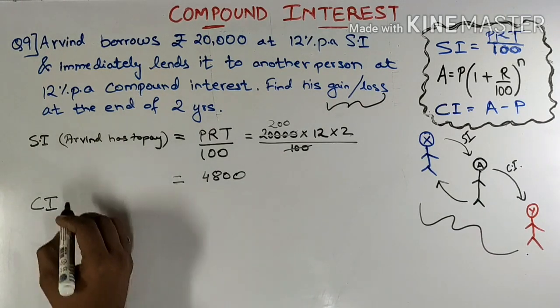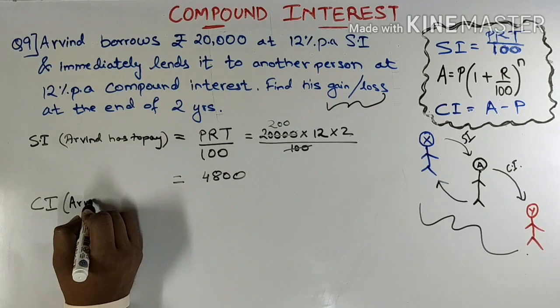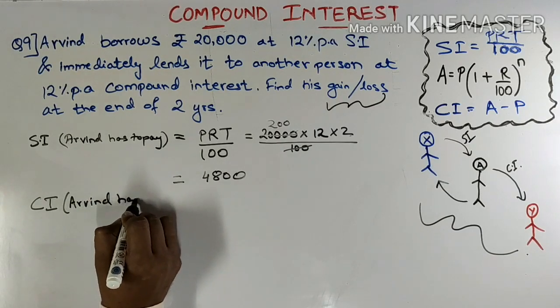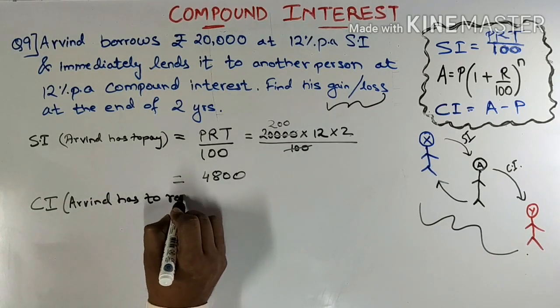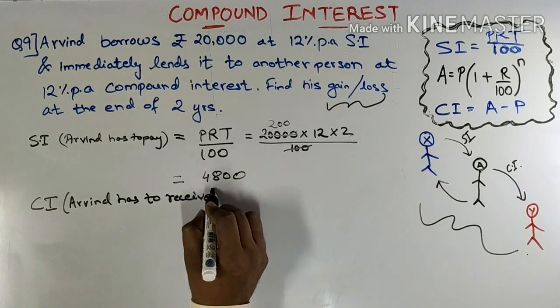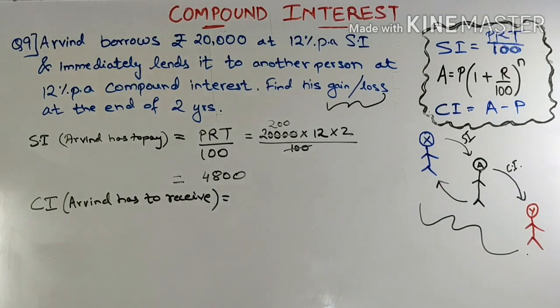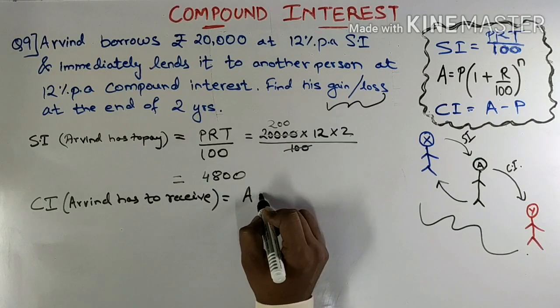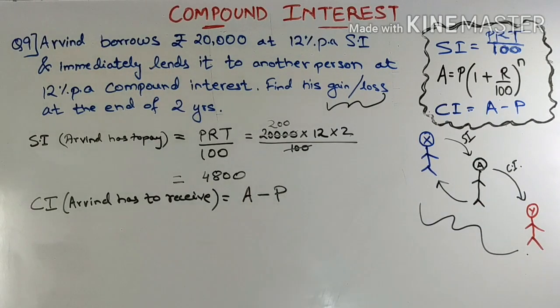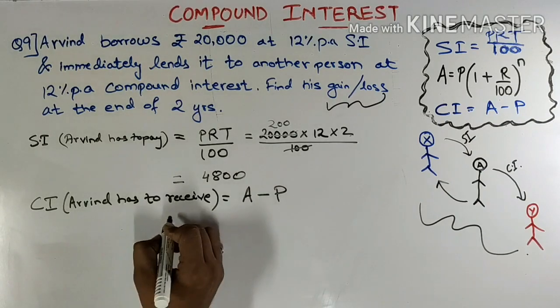Now the compound interest that Arvind has to receive is given by the formula A minus P. So we are supposed to find A first.